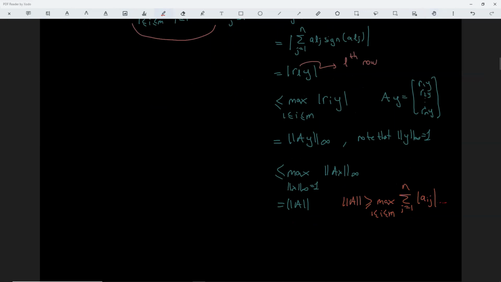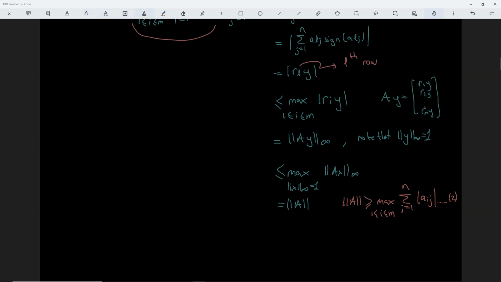And I will say that that's the second equation, okay? And in the first equation, we show that the norm of A is less than or equal to that value. In the second part, we show that the induced norm of A is greater than or equal to this value.